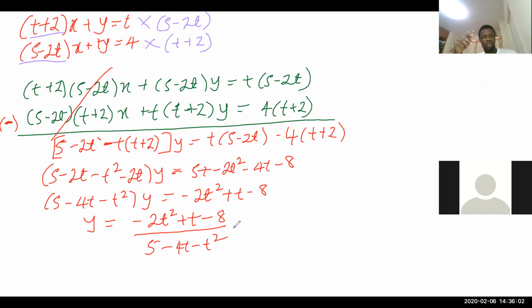Although we can factorize the denominator, I don't think we can factorize the numerator. You need to check that. Can somebody tell me when a quadratic expression is factorizable? I've mentioned it before in the class. Anyone? Karen, can I ask you to tell me that?